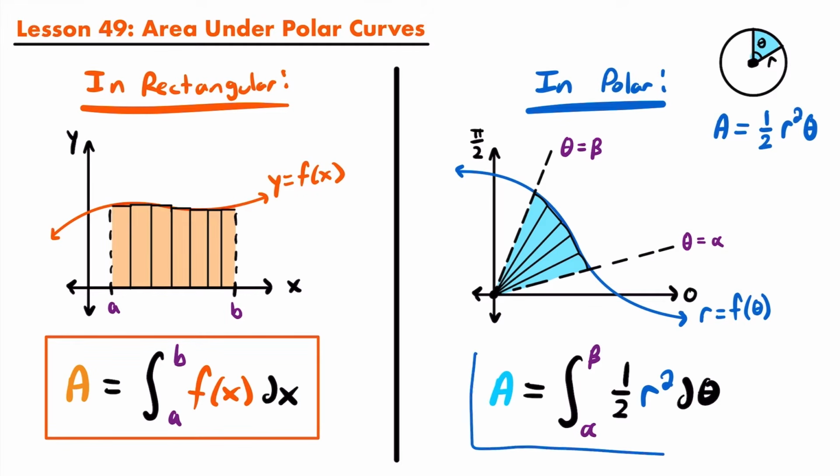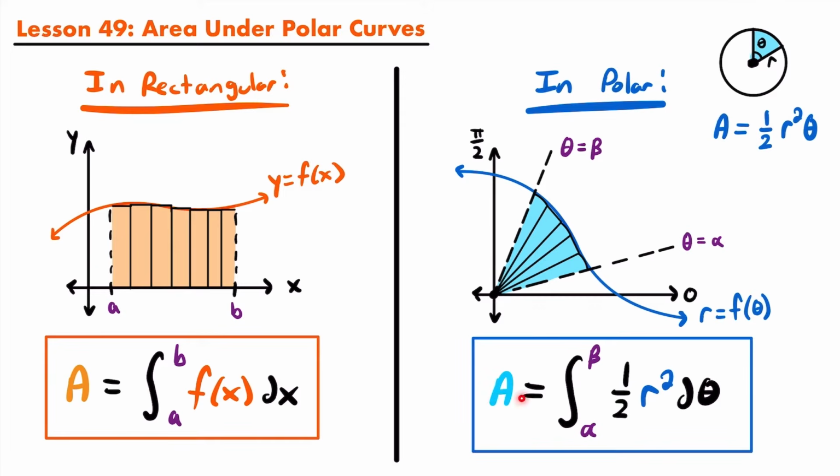And so this area formula, the area equals the integral from alpha to beta, which are two angles of theta, of 1/2 times r squared times d theta, represents the area beneath a polar curve between two angles of theta in the polar coordinate system.